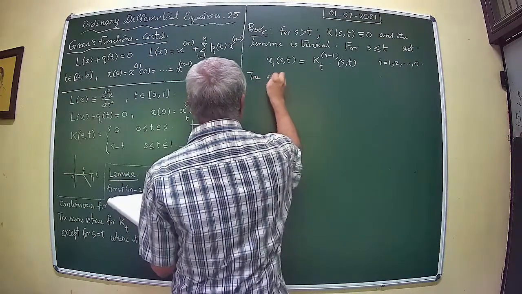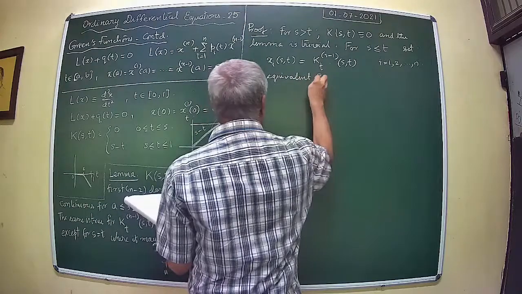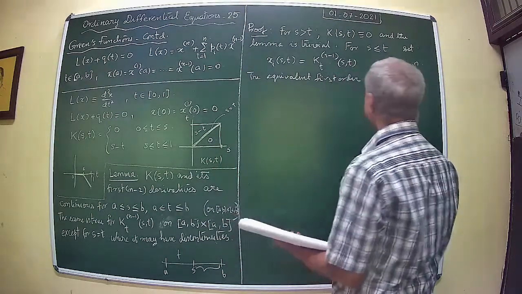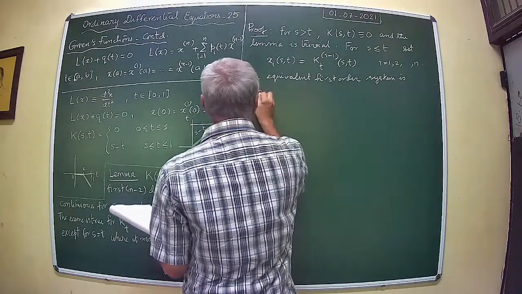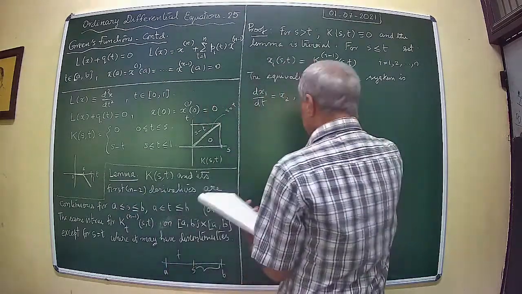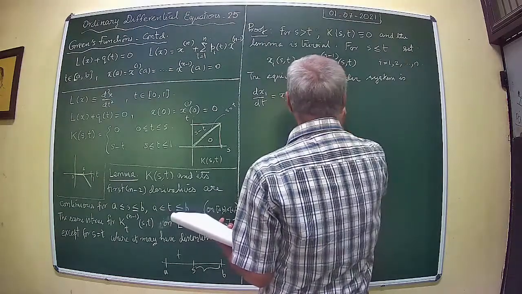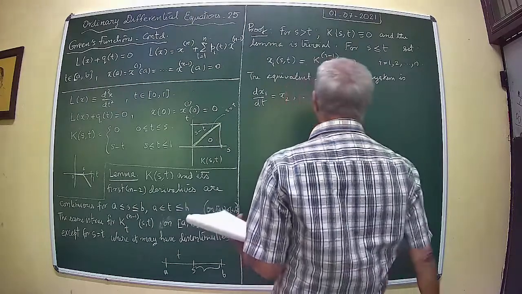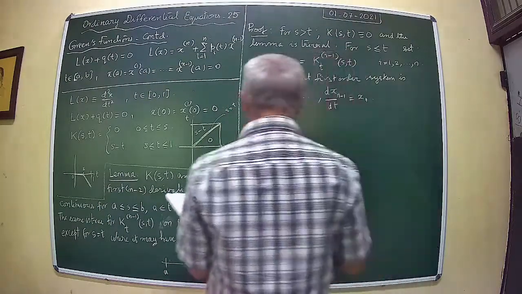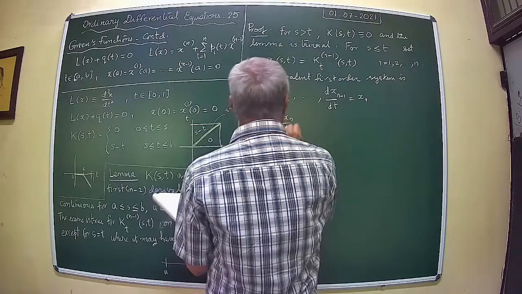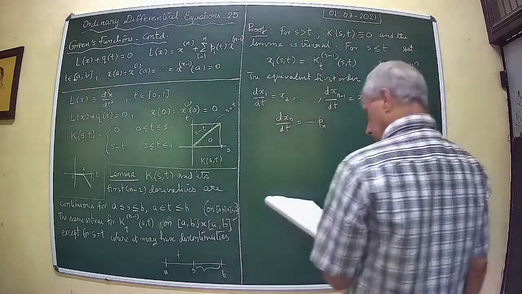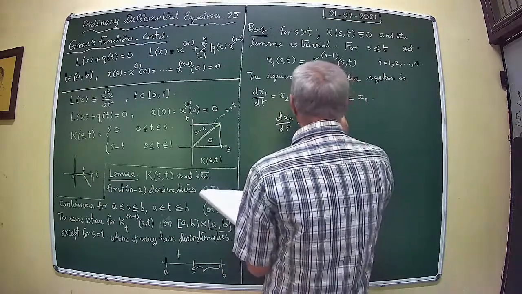The first order system is the following: dx1/dt equal to x2, the standard one, and so on, and dxn/dt is going to be equal to the expression involving Pn.